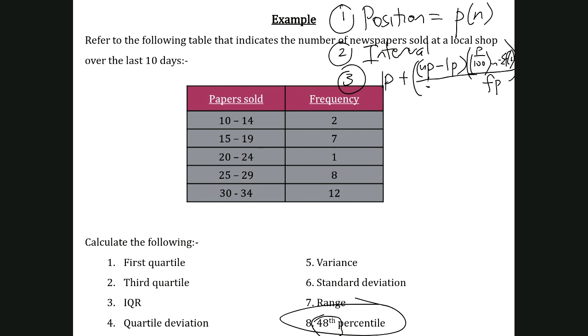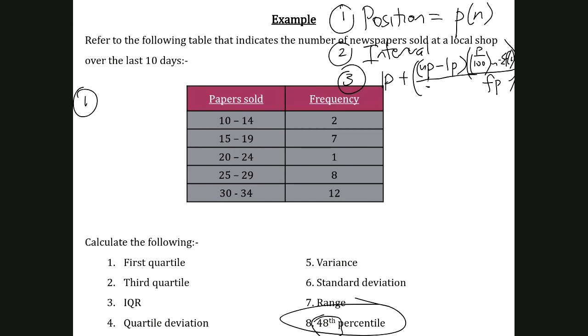And that's your formula. Let's look at the first part, which says that you will determine the position. Your position is calculated as P times N. I'll do step 1 here.